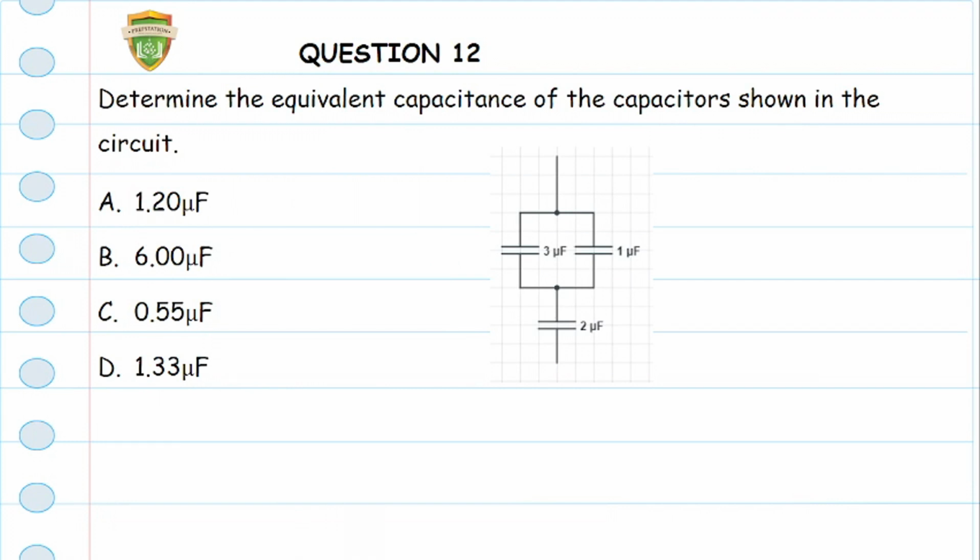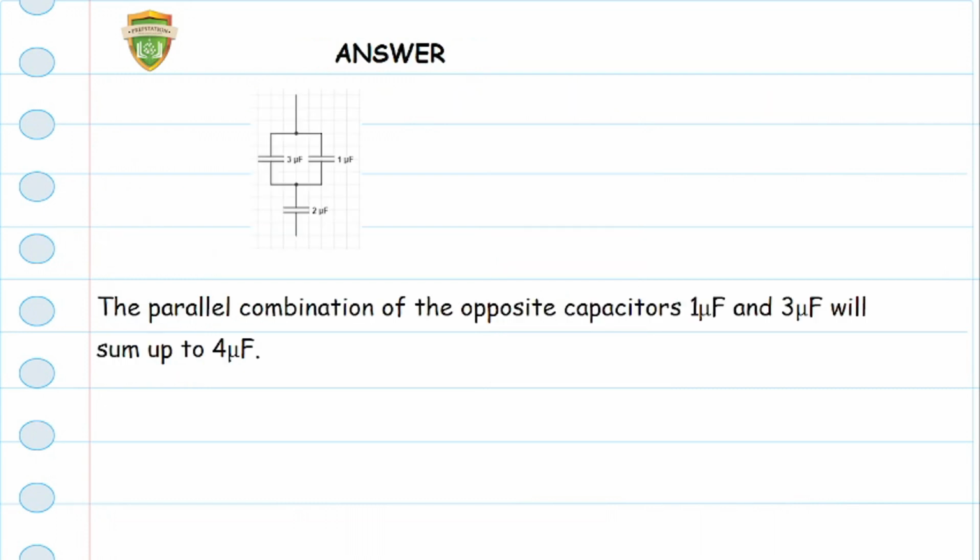Question 12. Determine the equivalent capacitance of the capacitors shown in the circuit. We're given a circuit here with three capacitors: 3 microfarad, 1 microfarad, and 2 microfarad. The first thing we see is that the 3 microfarad capacitor and the 1 microfarad capacitor are in parallel.